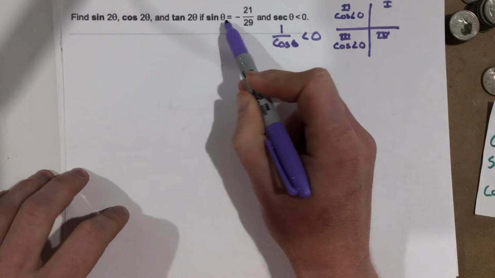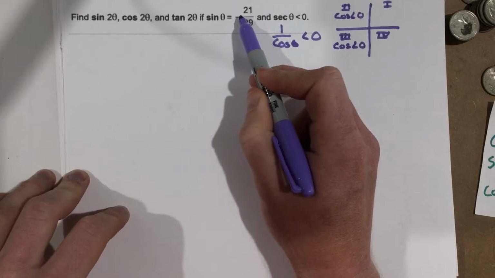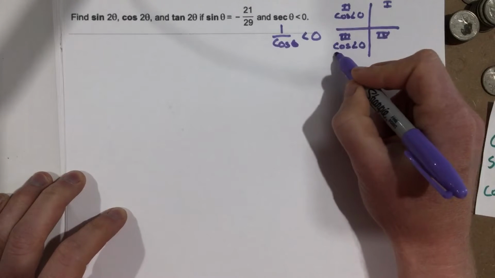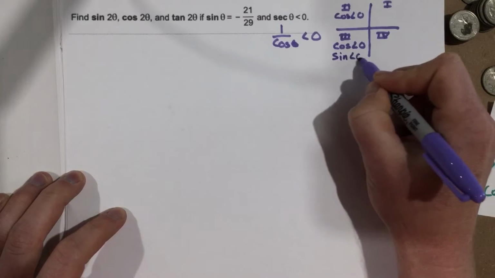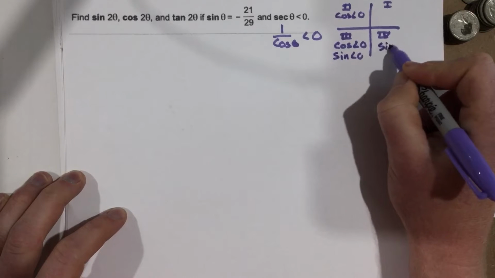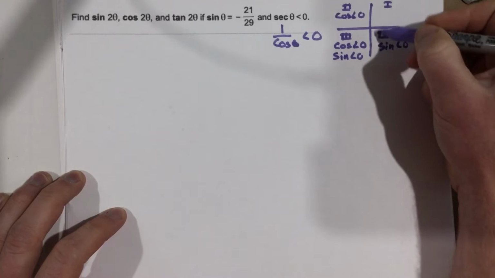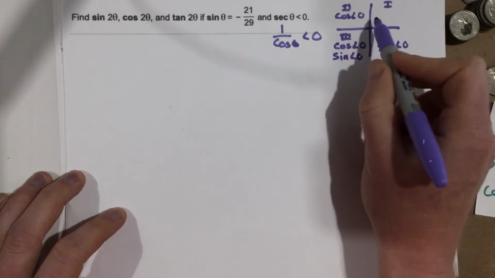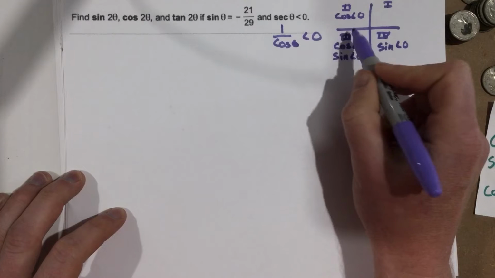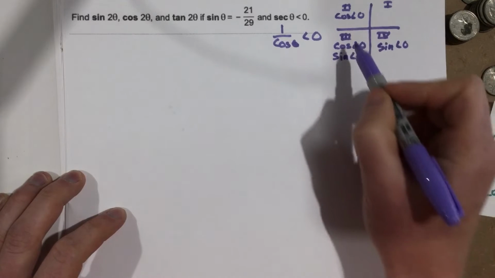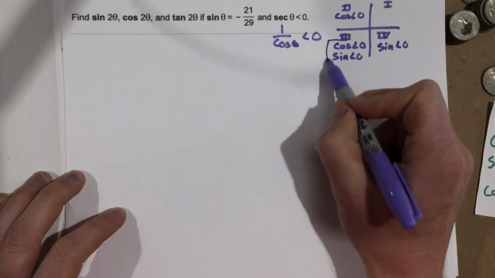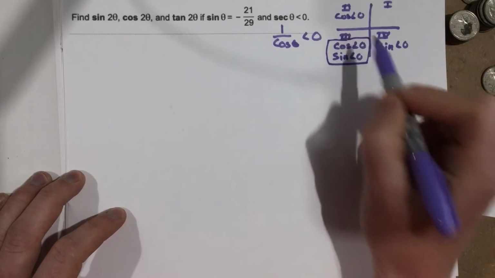Now it says sine is negative. Well, we know sine is negative in quadrant 3 and quadrant 4. Right? Because sine deals with the y values below the x-axis, and cosine deals with the x values, which is left of the y-axis. Where are they sharing similarities? They're sharing that in quadrant 3.